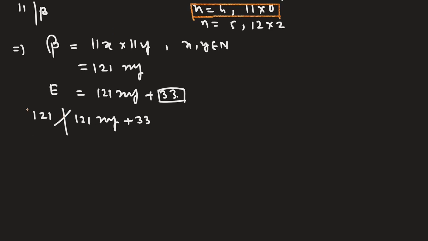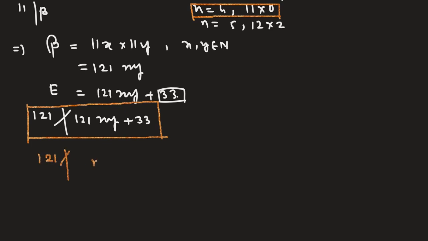I hope this is clear to all. So for every value of n, we notice that this expression is not divisible by 121. So 121 does not divide n square plus 3n plus 5 for all n belonging to natural numbers. Hope this is clear to all.